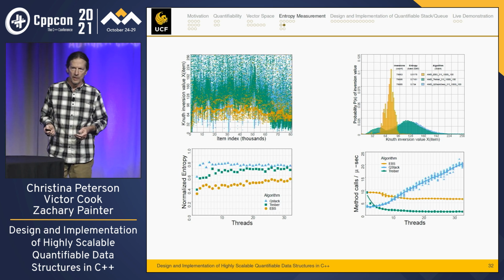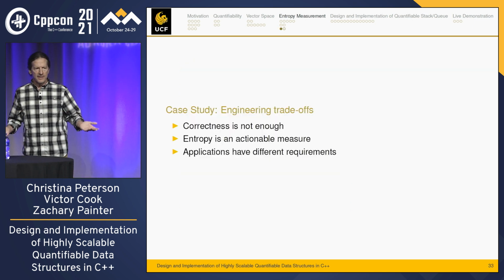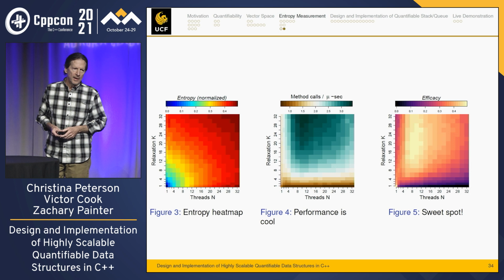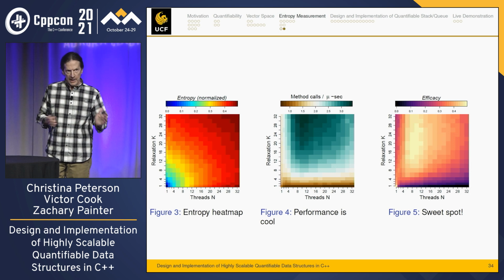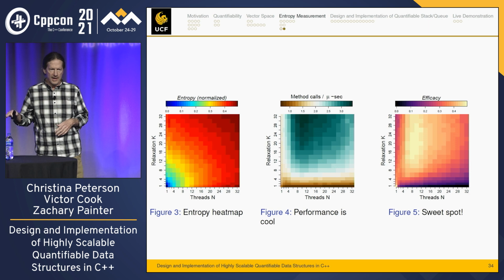So here's another case study of engineering trade-offs, and this is a K-FIFO. So we're doing the relaxed semantics here on one axis, the y-axis going up, and then on the x-axis we have the number of threads.